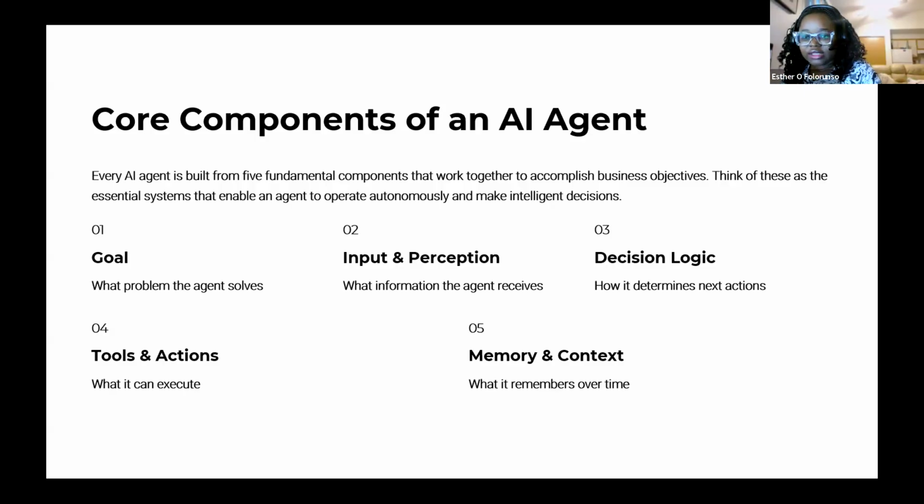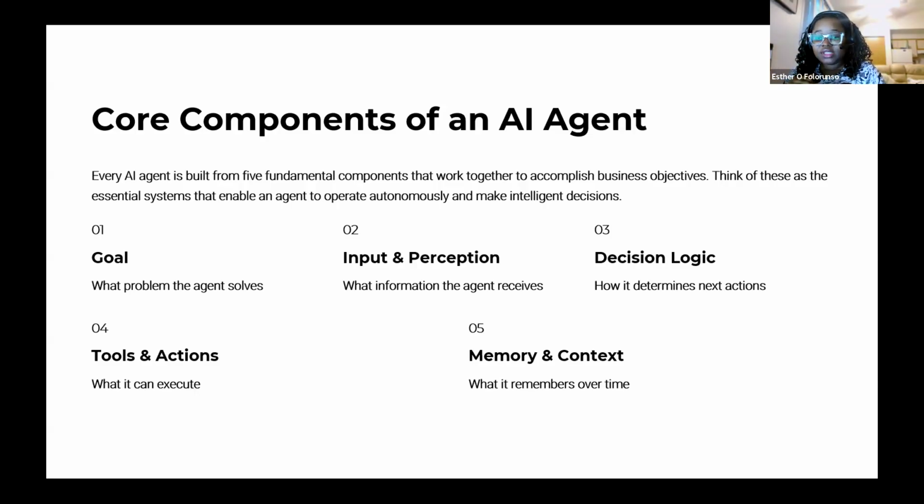Then, memory and context. It also depends on what you're building, but there are some agents that, after you type in five questions or five prompts, the memory is lost. They can only remember as far back as five chats. Some can only remember as far back as 10 chats. If you use ChatGPT, especially the paid version, and you create a project, it's easy for memory to be retained.